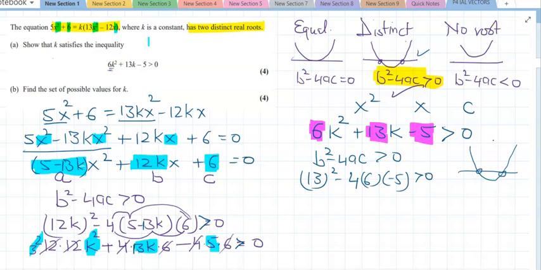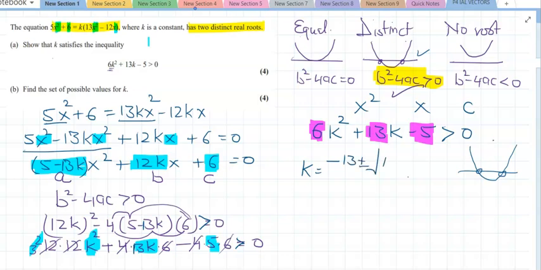What we are going to do, we have to find the value of k. By this way we are not going to find the value of k. To get the value of k, we have to use the formula, and the formula is k is equal to minus b plus minus root b square minus 4, a is 6, and c is minus 5, over 2a.